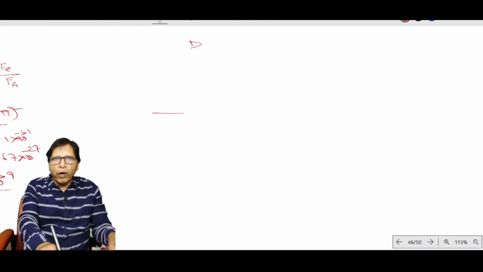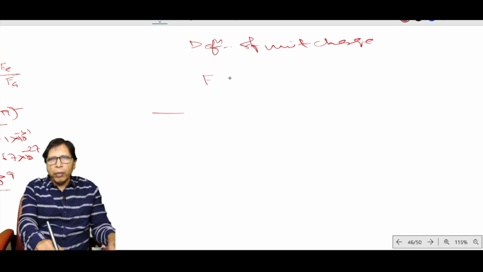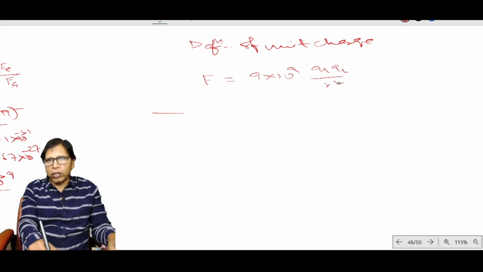Okay. Now definition of unit charge. The Coulomb's law between two charged particles in air medium is 9 into 10 to the power 9 into Q1 Q2 by R square.